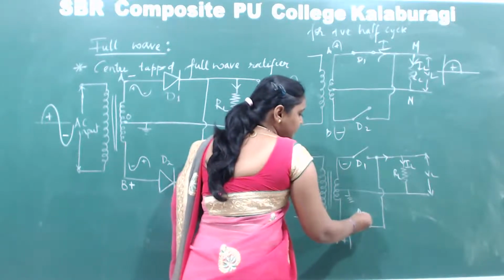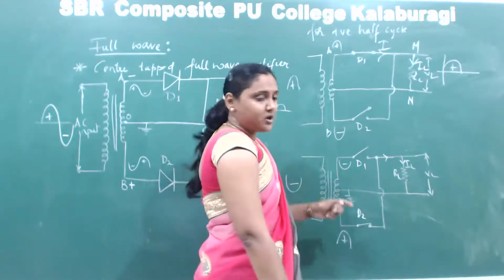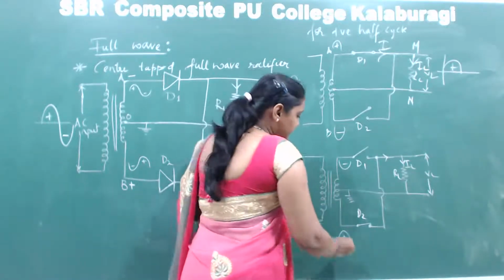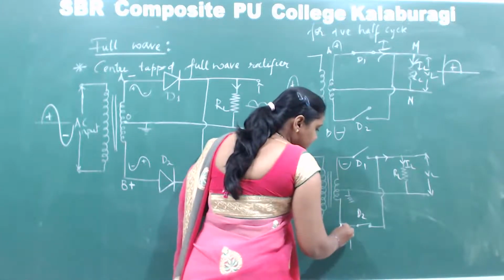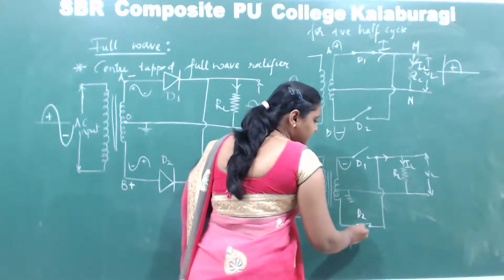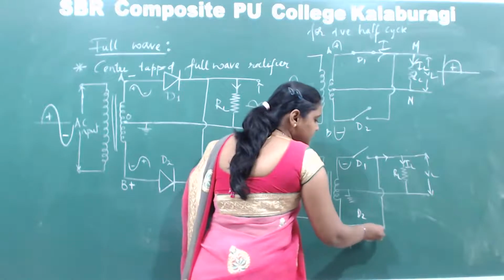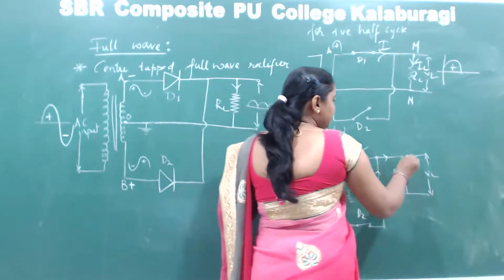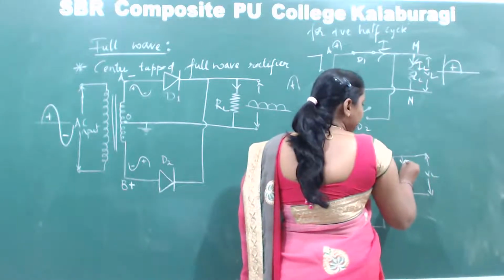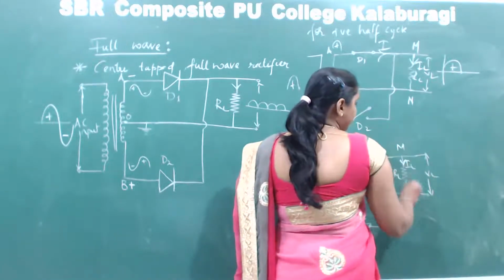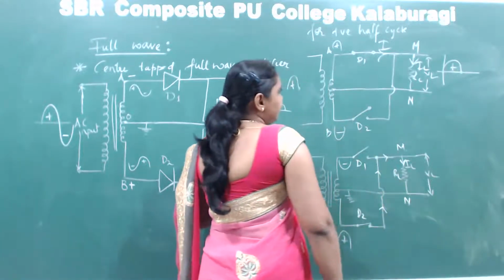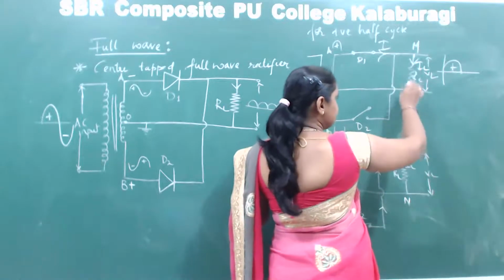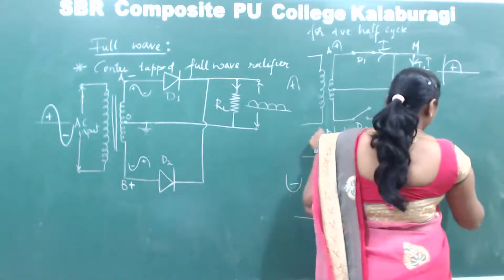Due to the closed switch, or the forward biasing of the diode D2, the current results from this portion of the secondary winding of the transformer. D2 is forward biased, current flows like this and reaches the load resistance and forms a load current. Again, the current is in the direction from M to N, not from N to M, it is in the same direction.